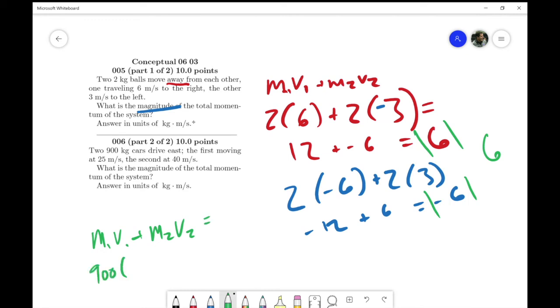So I have my mass of 900 times 25 plus my mass of 900 times 40. All right. Again, notice they're both going east, so they're both going to be positive here. So I'll do the math for you here. I have the 900 times 25. I got to calculate that.